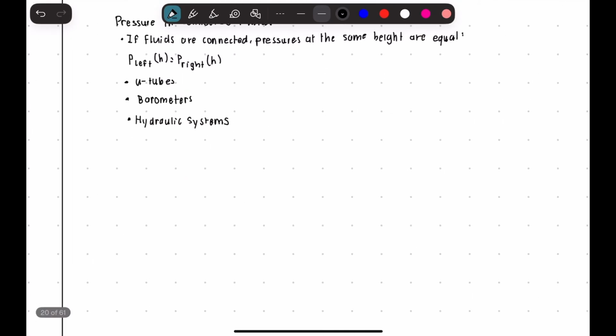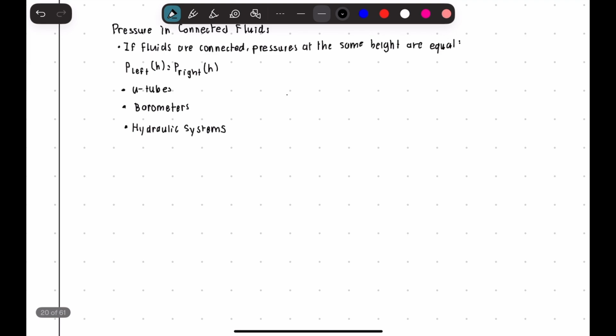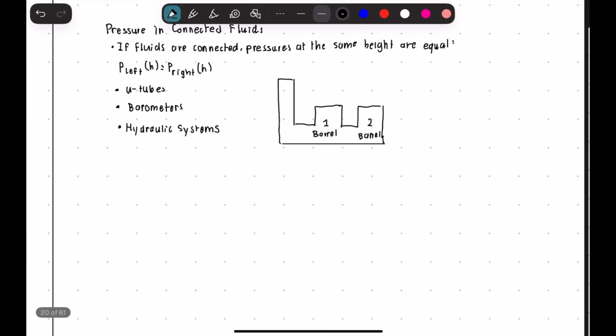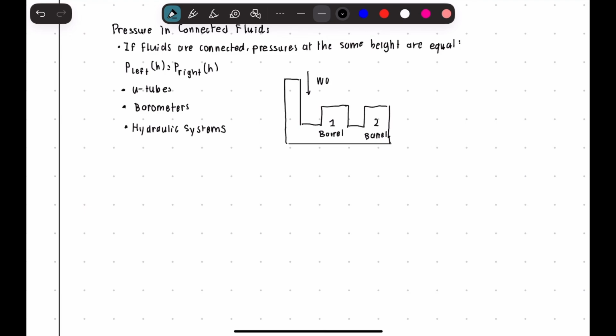Now, let's draw an example of one. Let's say the water flow is going this way.